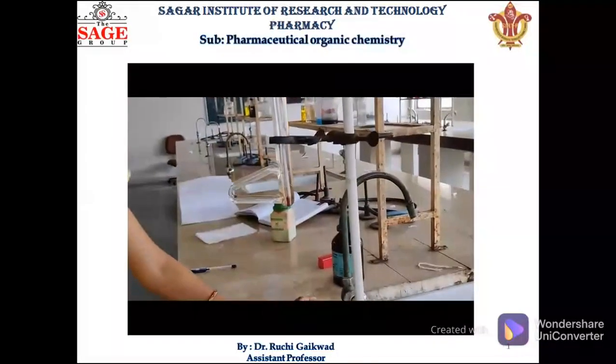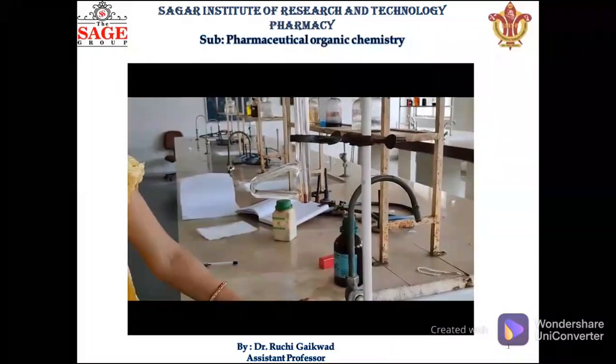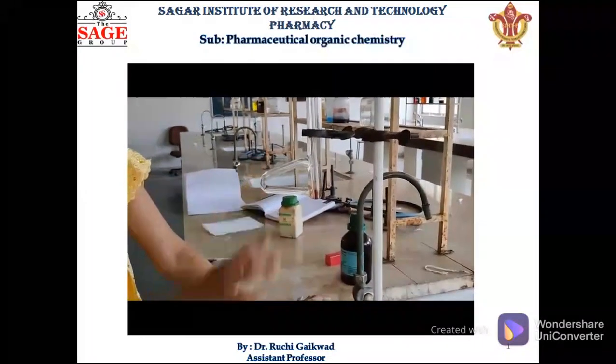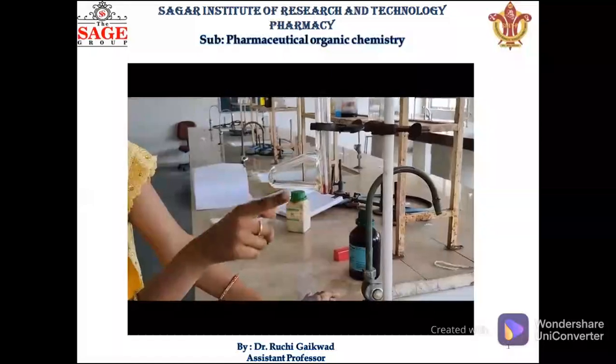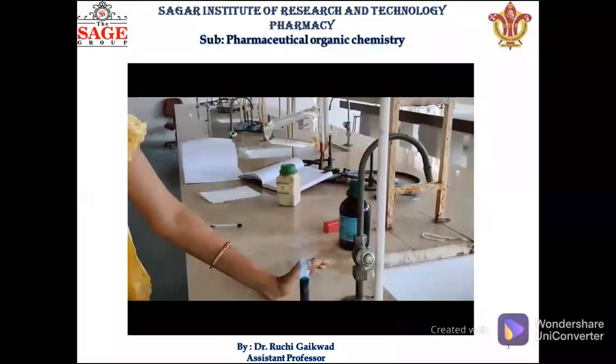So we have to note the starting point of the melting. Observe it, take out the readings and note your readings that the melting has started.